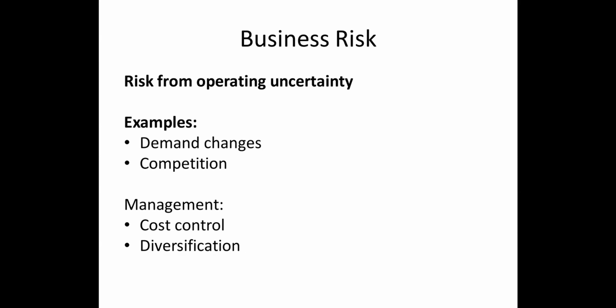Business risk, risk from operating uncertainty. For example, demand changes and competition. Means a few companies sell their products to another company, but when the demand gets down, there is a risk. Okay, how?